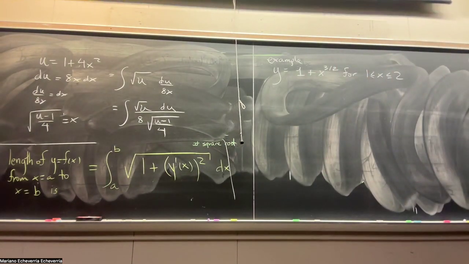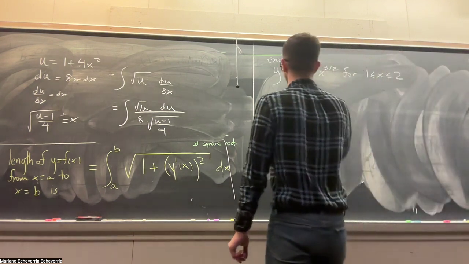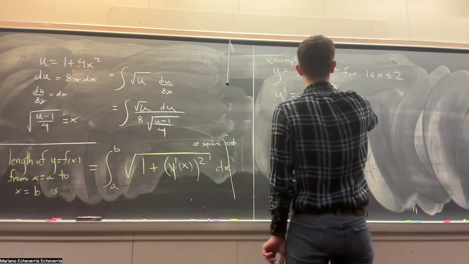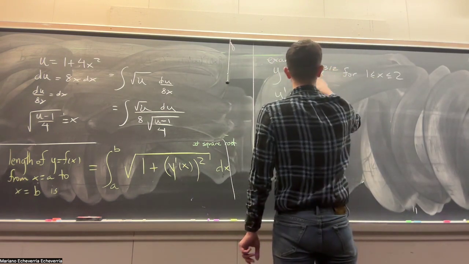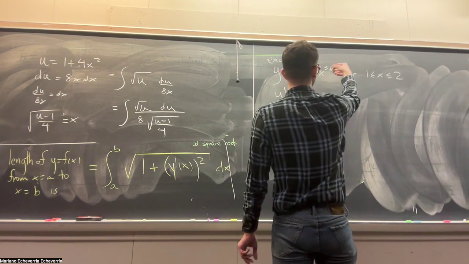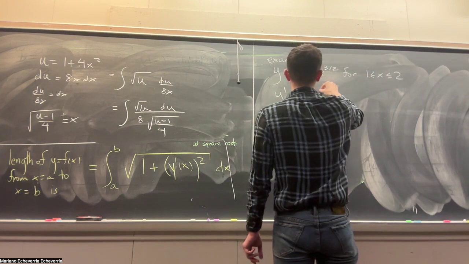Okay. So for all these problems, you need the derivative. Derivative of a constant is 0. So the 3, this brings down the power, the exponent, and increases by 1. So 3 halves minus 1, that is 1/2.